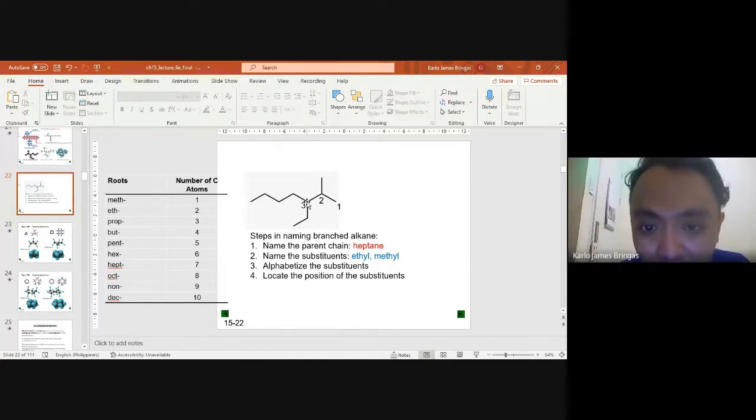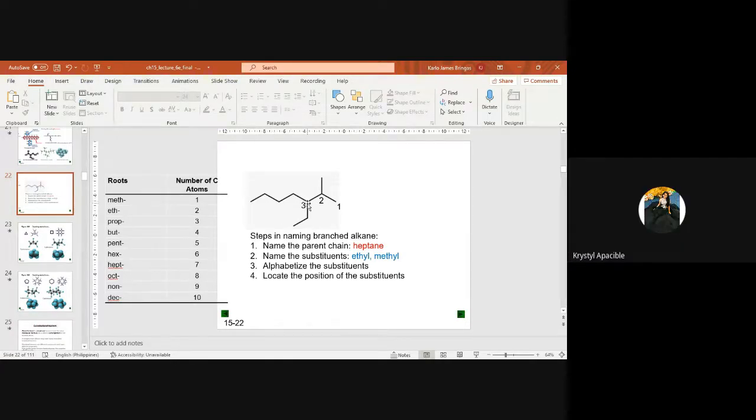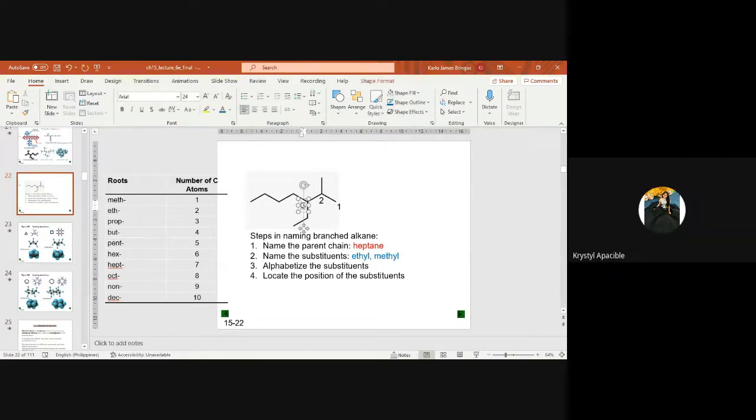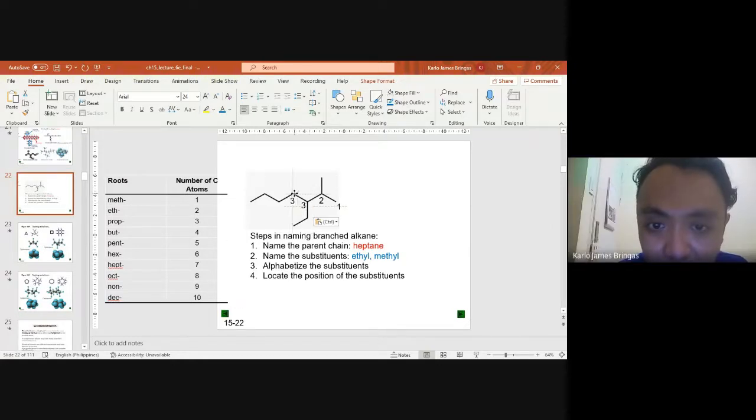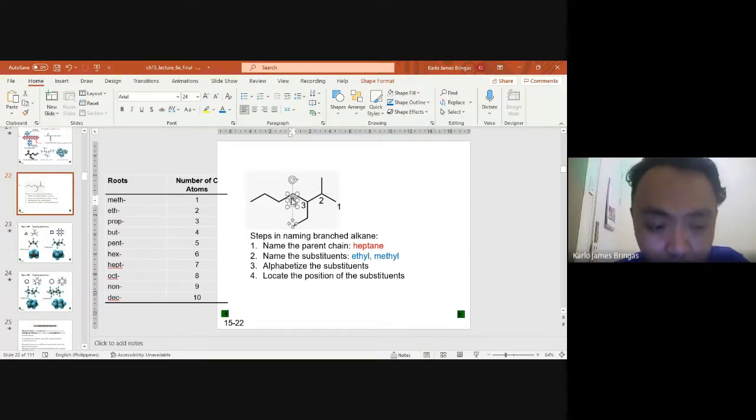So si ethyl, so number 5 na siya ngayon. And this one is number 6. So masyado nang malaki ang number. So mas better na ganito ang numbering na ipo-follow natin. So that our substituents have the smallest possible number.